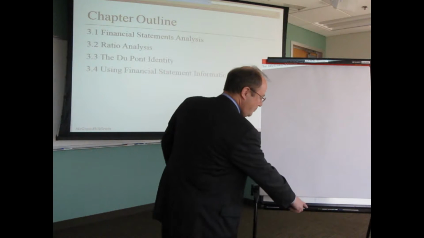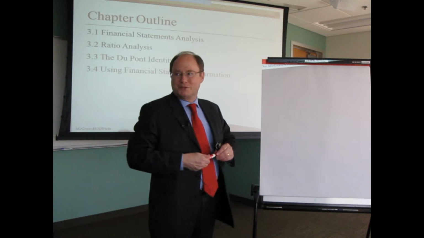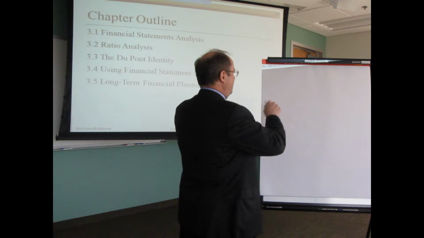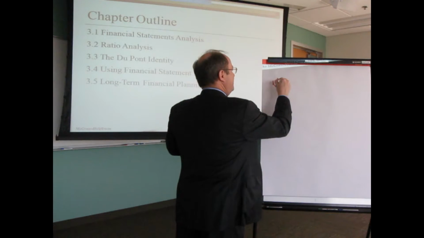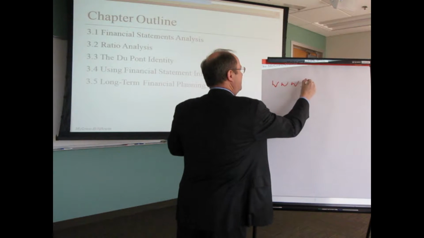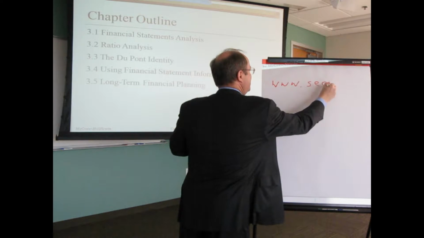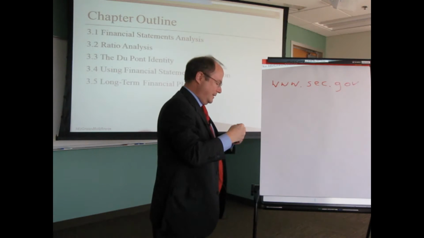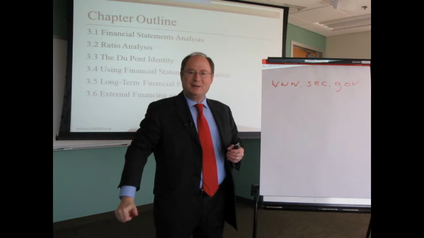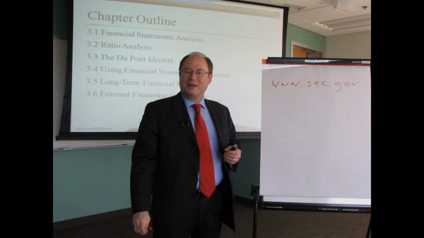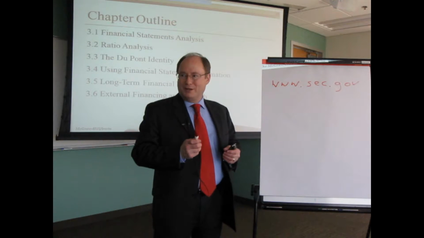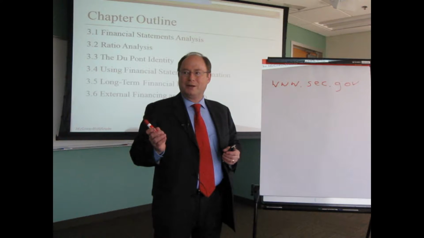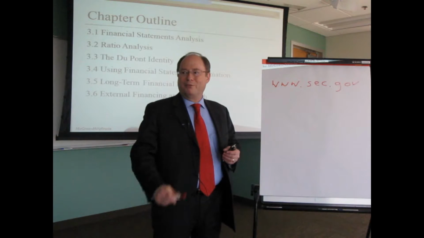One place you may want to look, and I recommend this to all my students, is a website, www.sec.gov. This will give you the 10Ks, which are the annual reports, and the 10Qs, the quarterly reports that have been issued by any publicly traded company. You can just look them up alphabetically.